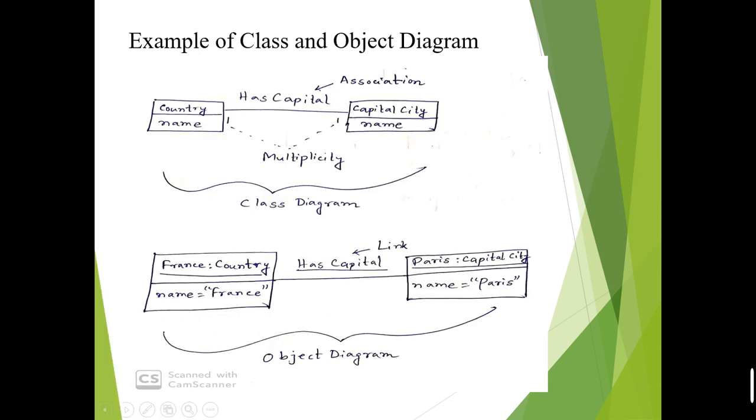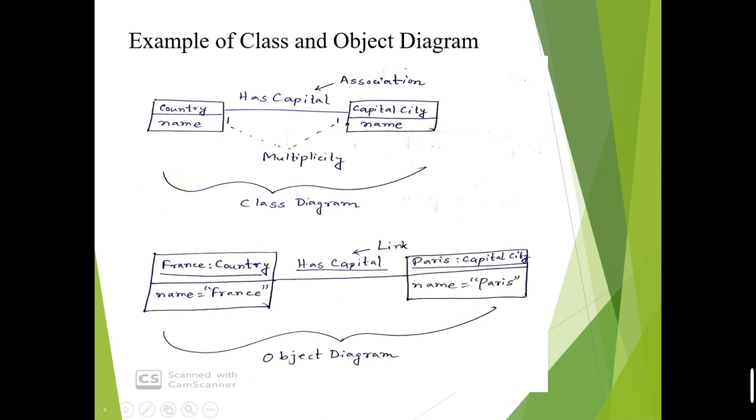Here is an example I have taken for class and object diagram. See here, a country name is given, and one country has one capital. The country has its own name and the capital city also has its name. So one country has one capital city. Here, this line in the class diagram is called the association line.